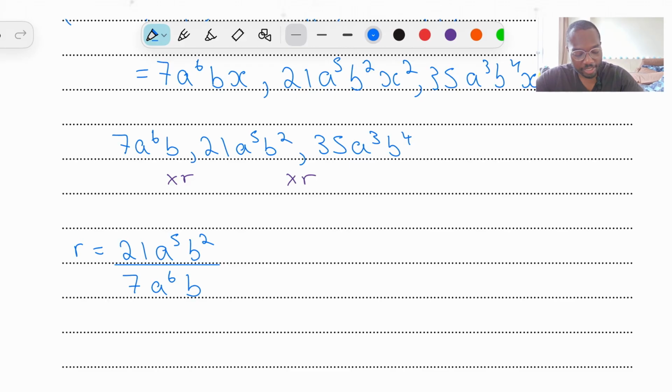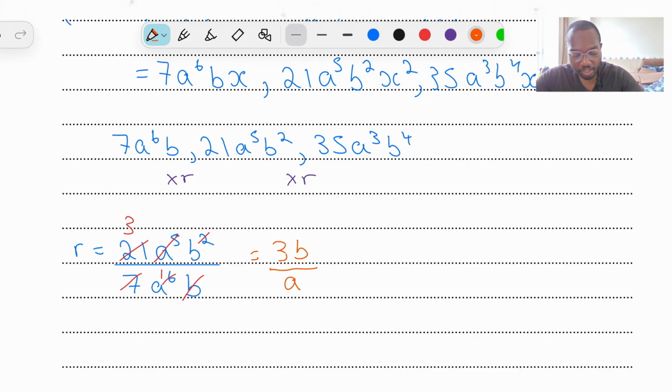And we can simplify this down, because you can see 21 and 7, so that will become a 3 here. All of this can go, and we're just left with a 1 here, and then this will get cancelled out with this. So what are we left with? Well, we are just left with simply 3b over a. So we know that r is equal to 3b over a.